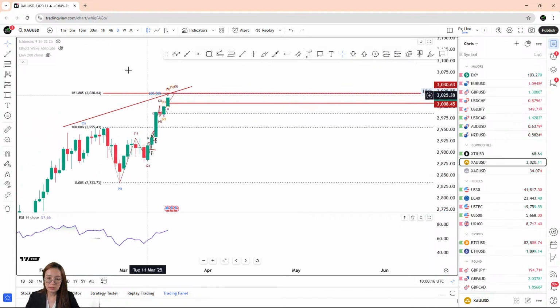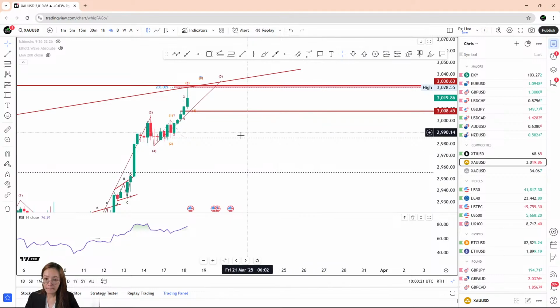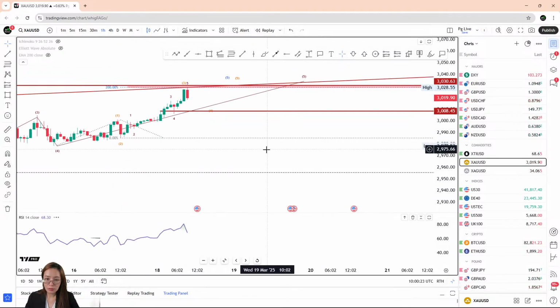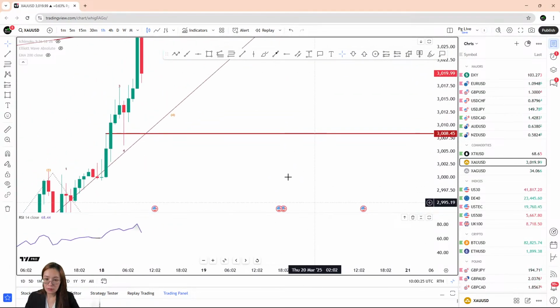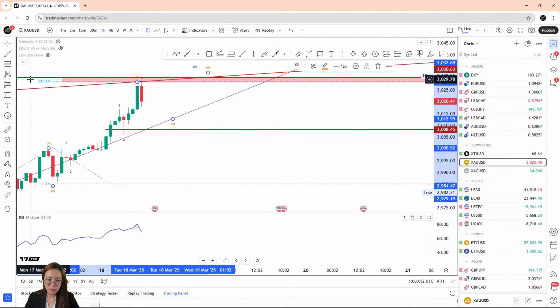Now, since I'm using this here, I'll pull back. I'm going back to H1. Since they are going to finish wave 5 and wave 3 here, they will pull back.